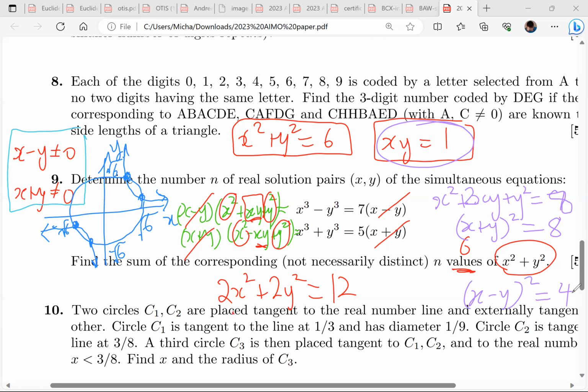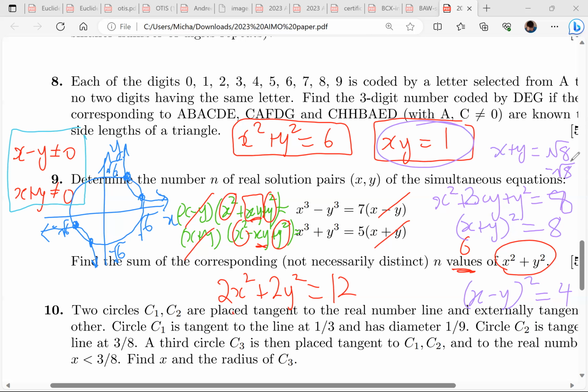But then there's a bunch of possibilities you need to consider, okay? So either x plus y is equal to root 8, or it could be equal to minus root 8, okay? People lose marks here, not doing the plus or minus square root. And x minus y could be 2, or it could be minus 2, right? So there's actually 4 cases you have to solve, okay?